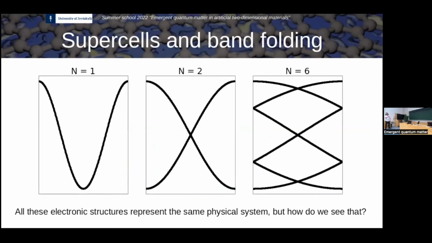We had this. So this N you can think about as your moire, right? Now let's switch on a moire potential for length 2 and length 6. If you switch on a small moire potential, you're going to create an anti-crossing here, and then here we are going to create an anti-crossing there, right? And the more you fold your bands, the higher your crossing appears in energy.